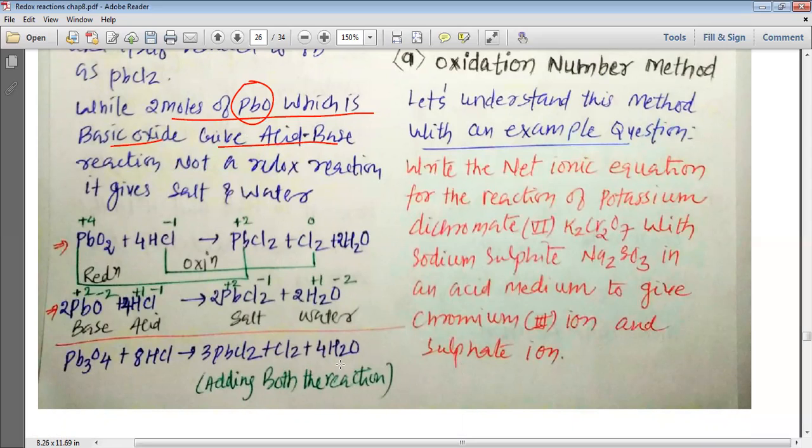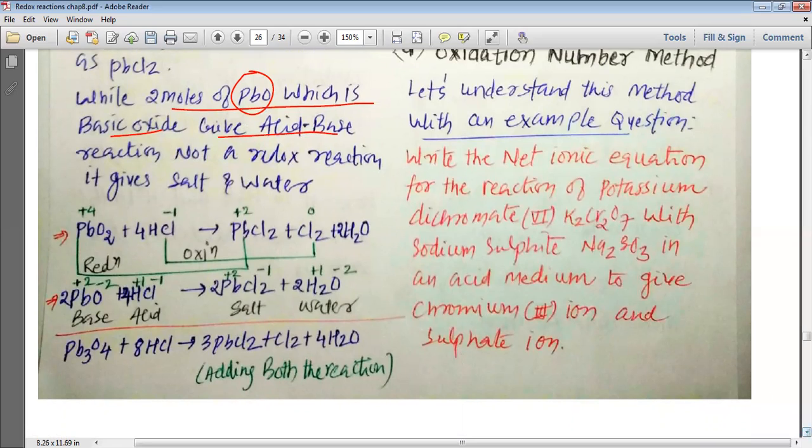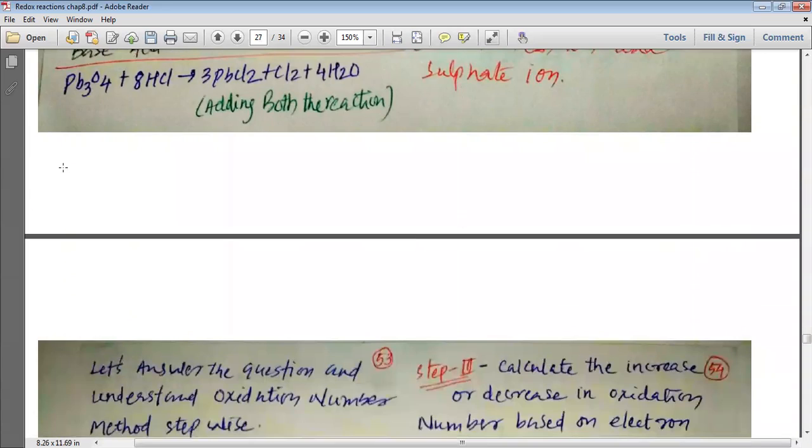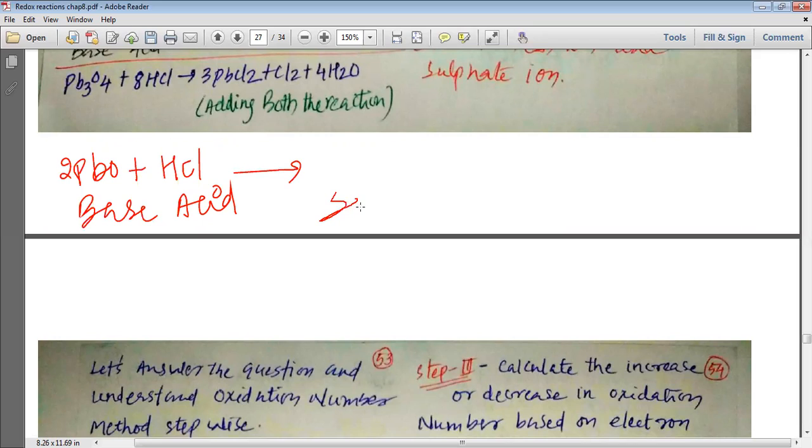So if we want to write the reaction for 2PbO, let us write it here. 2PbO reacts with HCl. Sorry, this is the base actually. So this acid plus base gives us salt and water.